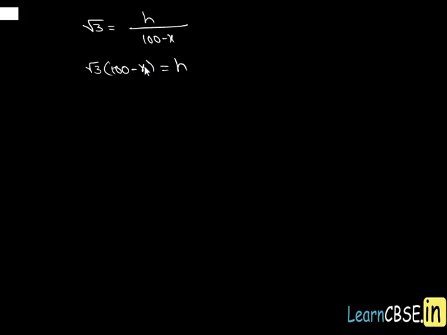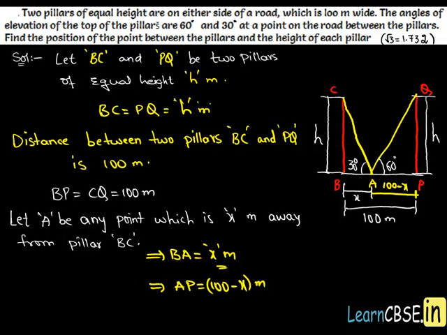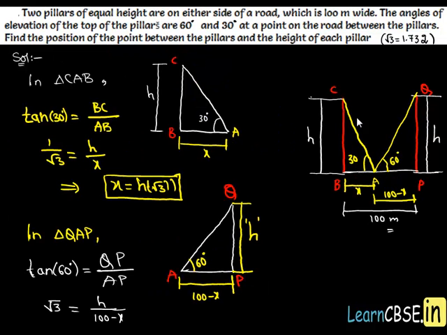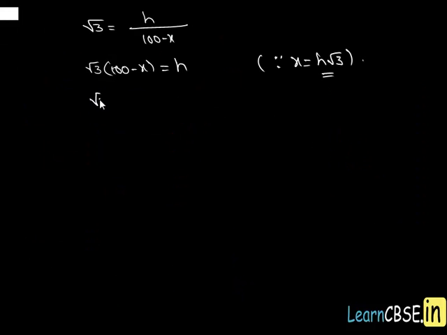Here we have two unknowns, x and h. We eliminate x. We already got the value of x, which is x is h times root 3. By substituting we get root 3 times (100 minus h root 3) is equal to h, and we solve it for h. Let us distribute root 3 inside the bracket.